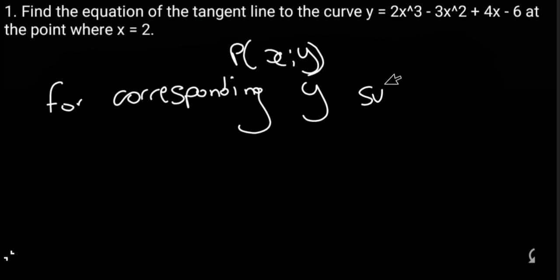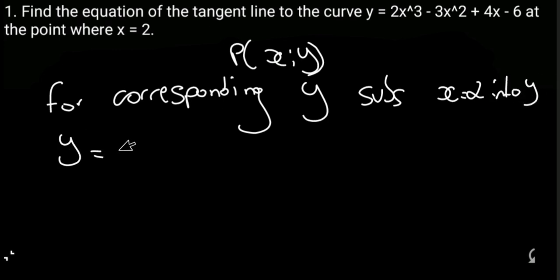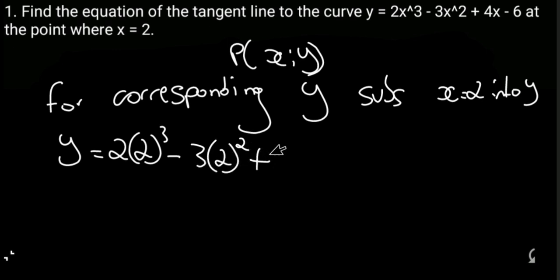we're going to substitute x is equal to 2 into y. So the point that we're going to get is 2 into 2 cubed minus 3 into 2 squared plus 4 into 2 minus 6.